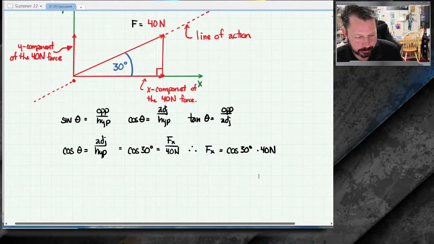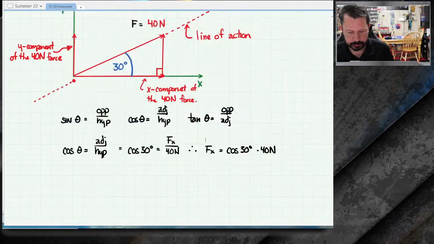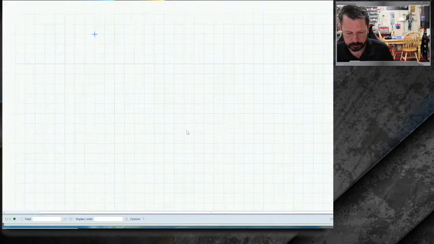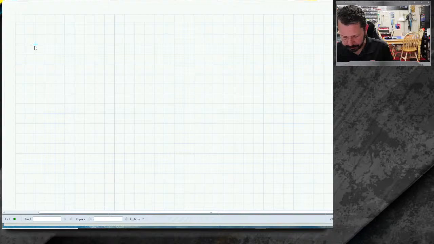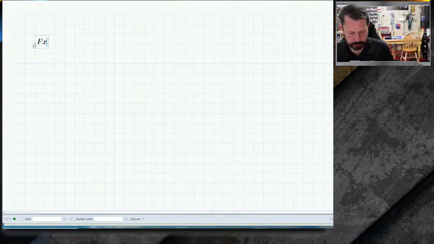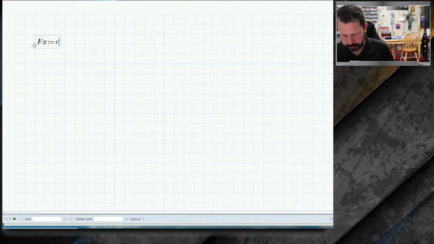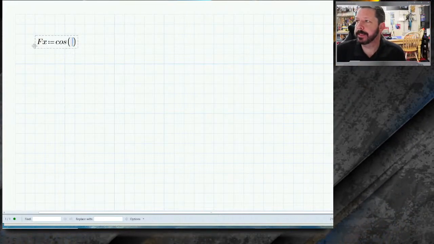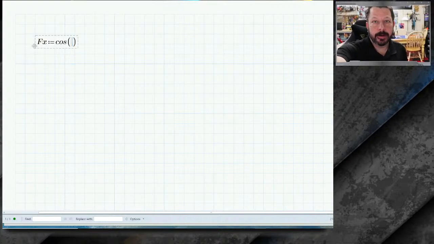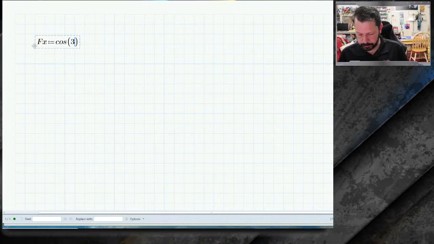I've got MathCAD running over here so that we can write these things down. So what was it? Fx is equal to the cosine of, I'm just going to hard code these in. I'm not going to use variables or anything today, or at least not right now. So that was 30 degrees.